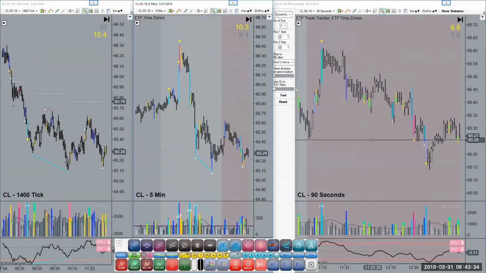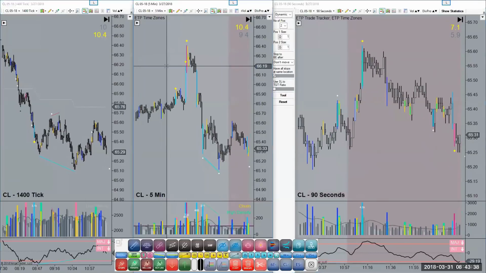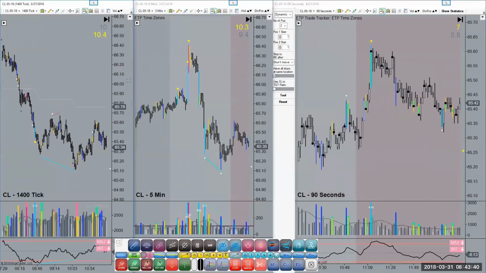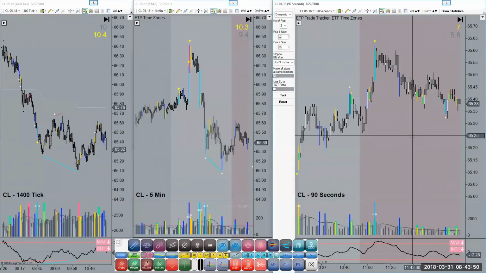But you can see when you click from one chart to the next, it's always offset by one bar so that you can't look into the future and use that hindsight bias for your backtesting, which is the biggest problem with manual backtesting.